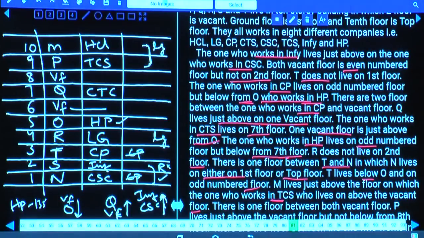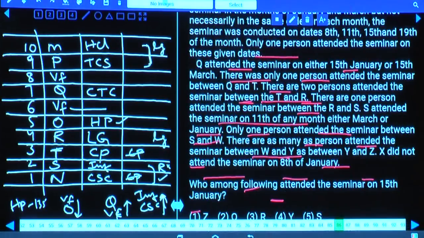Is question numbers 86 to 90. Done with this 86 to 90? 86 to 90, I'll explain that. That's it. Now question numbers 86 to 90.